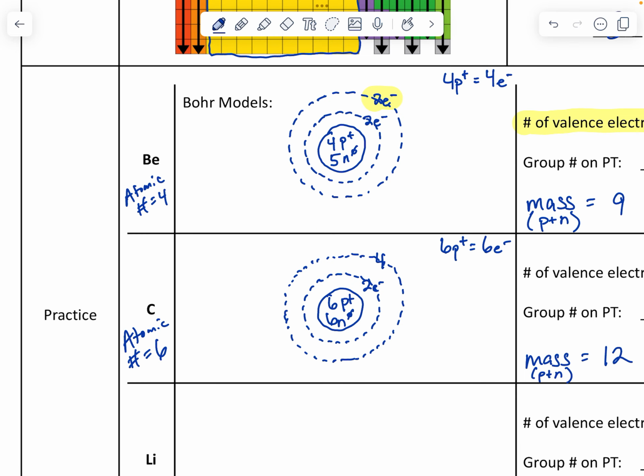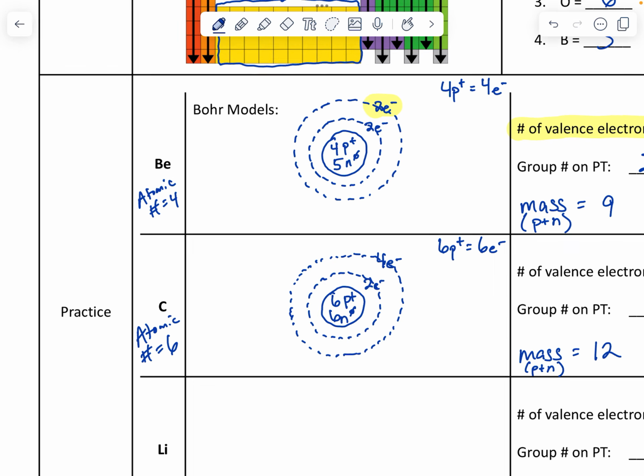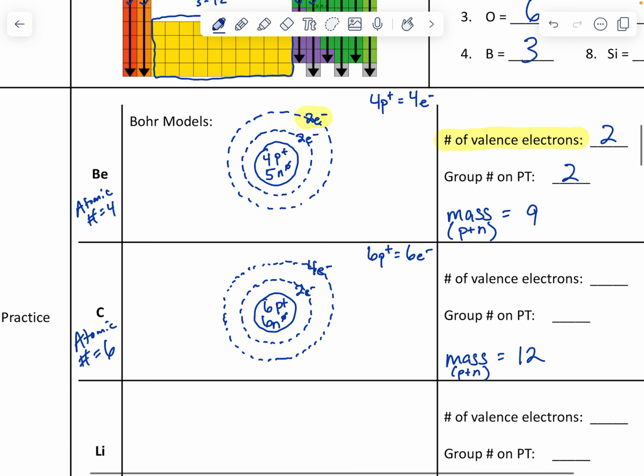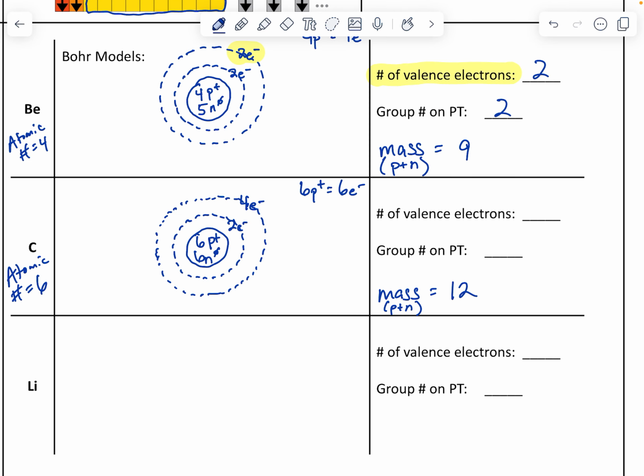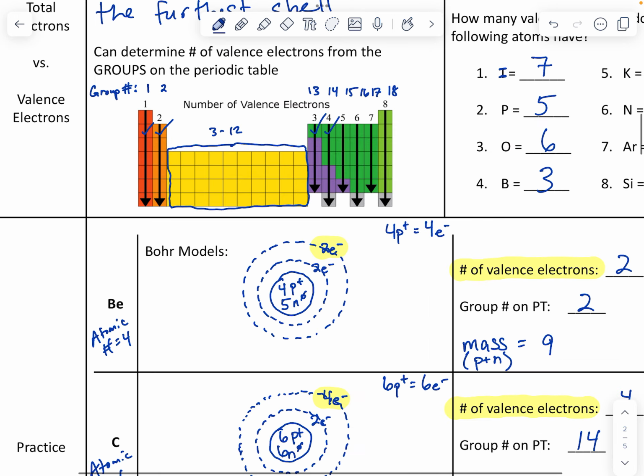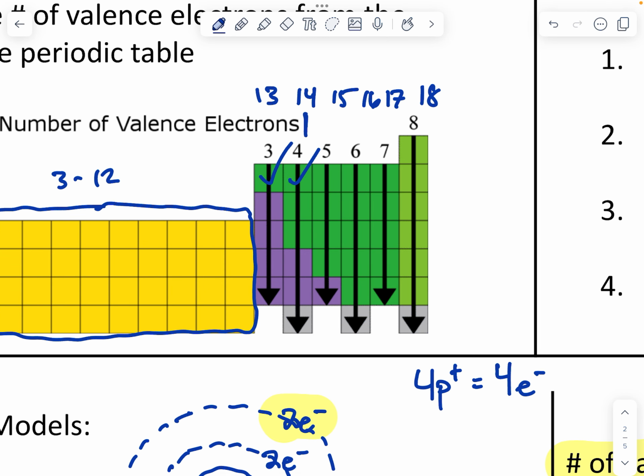So that tells me that carbon is going to have 4 electrons in that second shell, which also means that carbon has 4 valence electrons. And the group number on the periodic table is 14, which checks out, right? All of those in group 14 should have 4 valence electrons, of course, until you start getting down to this portion right here.